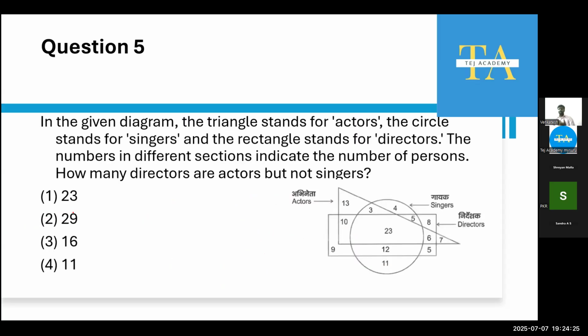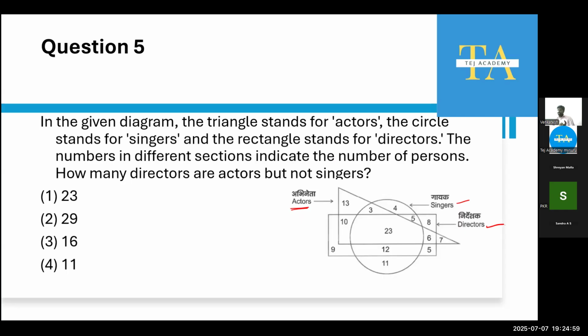Okay, so next, question number 5. Let us go to question number 5. In the given diagram, the triangle stands for actors, the circle stands for singers, and the rectangle stands for directors. The number in each section indicates the number of persons. How many directors are actors, but not singers? Not singers means not in the circle, right?